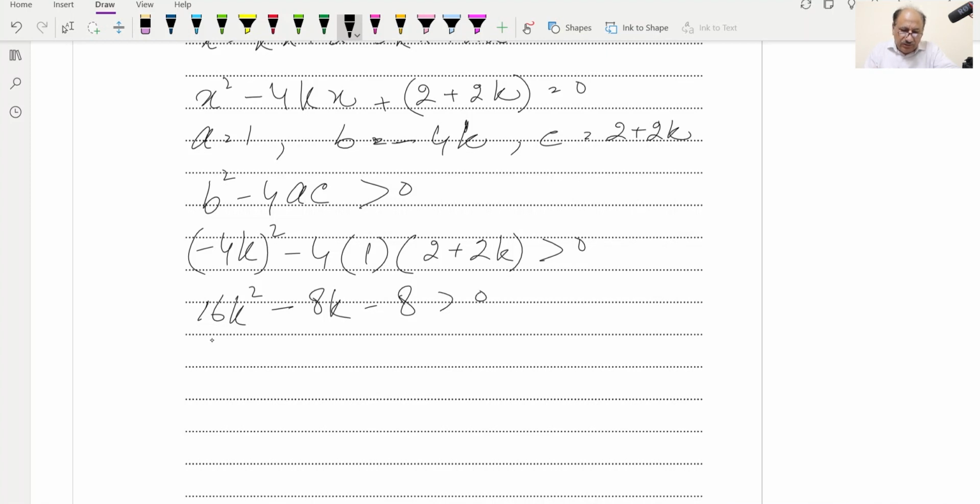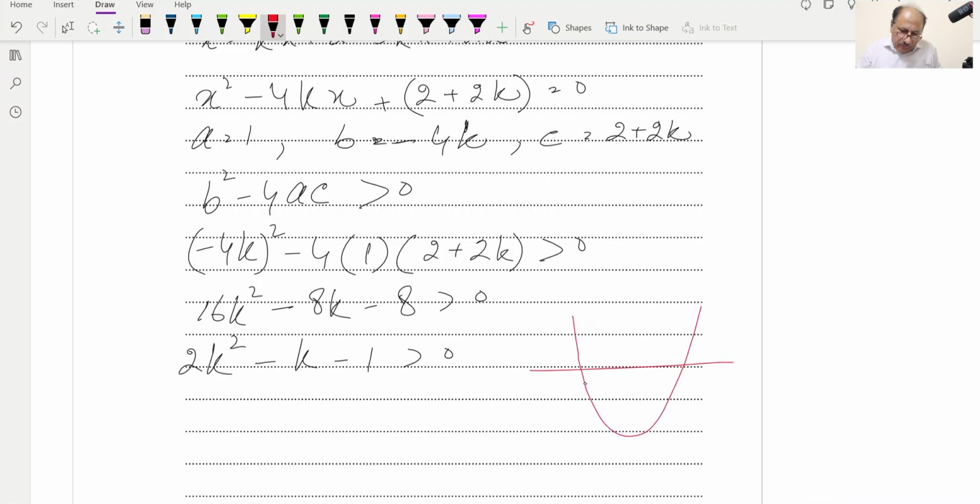Now we can take 8 common, and the inequality becomes 2k squared minus k minus 1 is greater than 0, and we can draw the quadratic curve like this one.